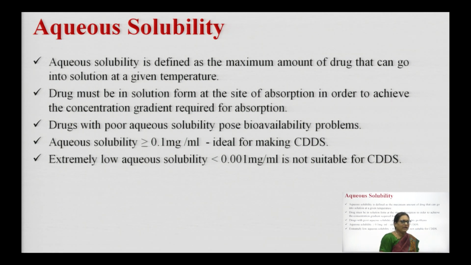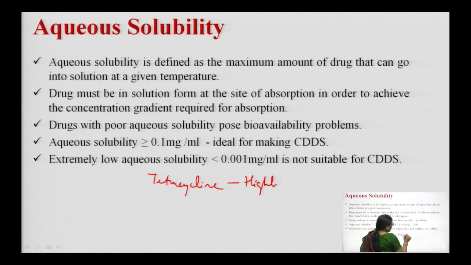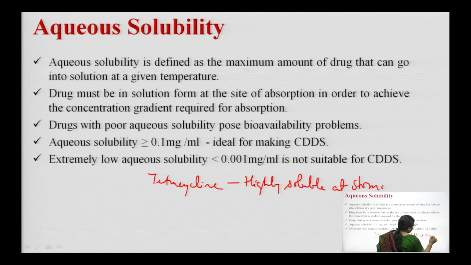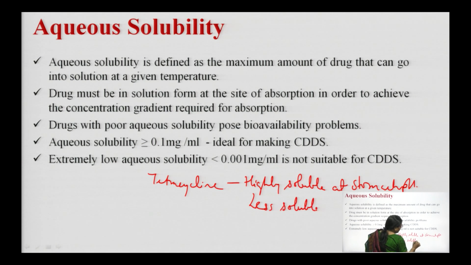This can also be explained with the help of an example of tetracycline. Tetracyclines are highly soluble at the pH of the stomach, while they are less soluble at the pH of the intestines.